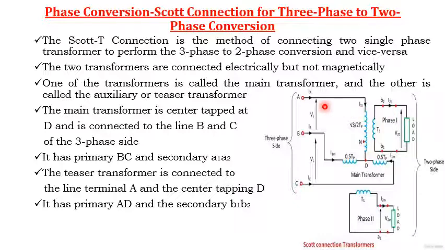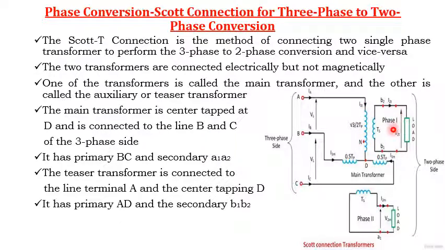The primary winding turns is √3 by 2 times TP, the total turns of the primary winding. The primary winding voltage, that is the line voltage, is represented as V suffix L. With respect to the line voltage, the line current of the primary is represented as I suffix 1T.